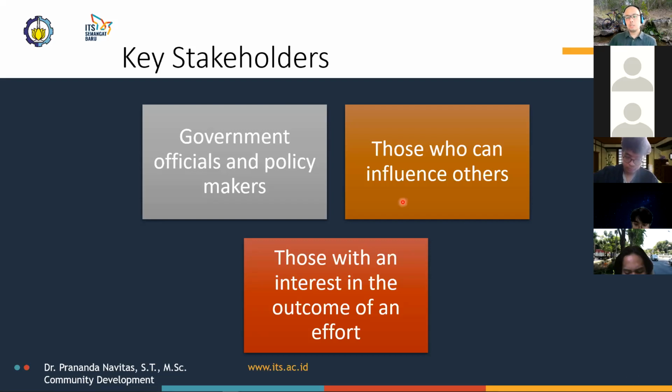Other key stakeholders, influencers, or those who can influence others, like the media, for example. The media can turn our heads one way and another. So the media is one major key stakeholder.